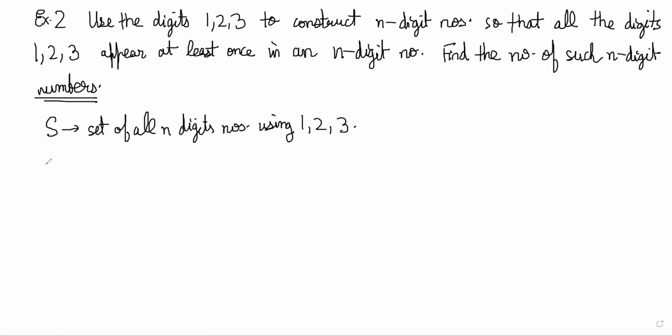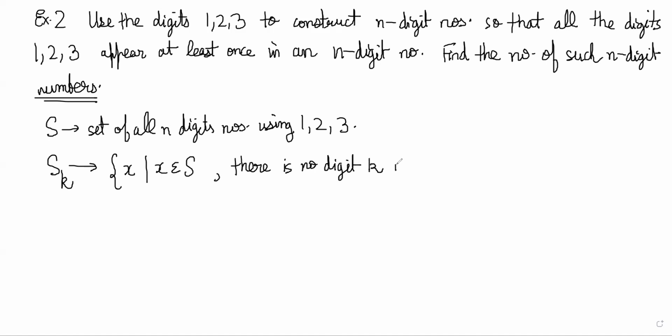And let's define the set Sk to be all x such that x belongs to the set S, but there is no digit k in x. And k can be basically 1, 2, or 3, right? There are only 3 digits available to us. So we are going to design a set Sk such that it is a number using these digits in the set S, but it doesn't contain one particular digit, which is k.